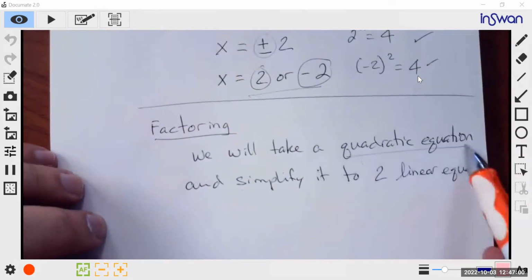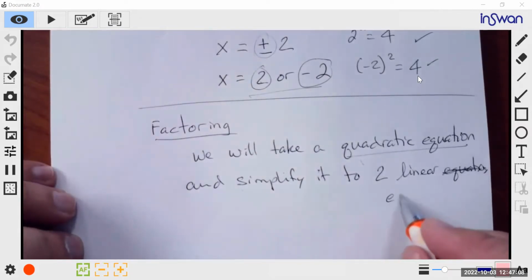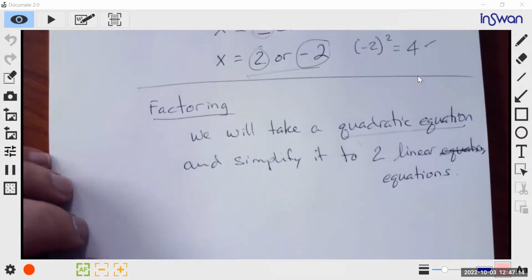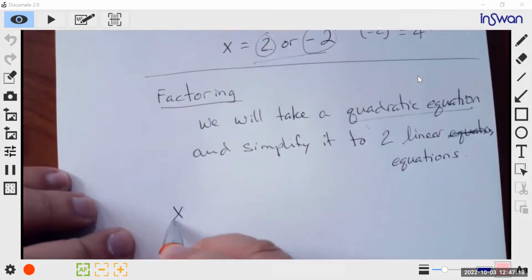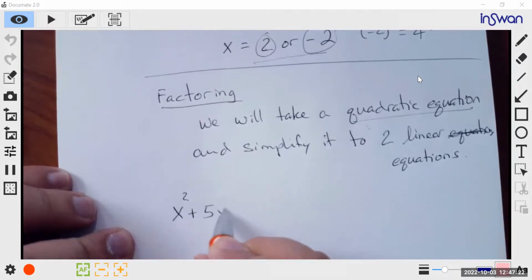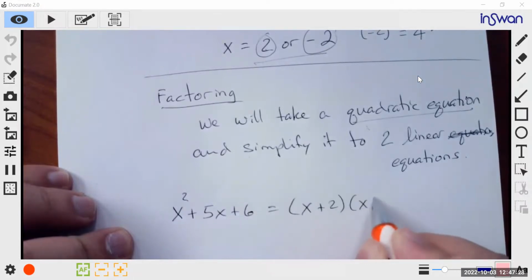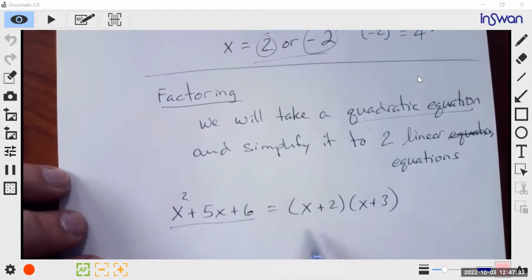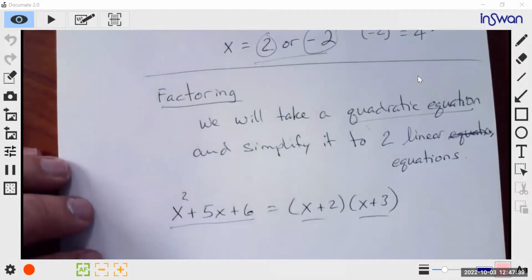So we're going to take a quadratic equation and break it down to its smaller constituent linear equations. For example, we're going to do something like this. X squared plus 5x plus 6 breaks down to x plus 2, x plus 3. So we're gonna go from a quadratic equation to two smaller linear equations. Why do we do that? It's easier to solve.